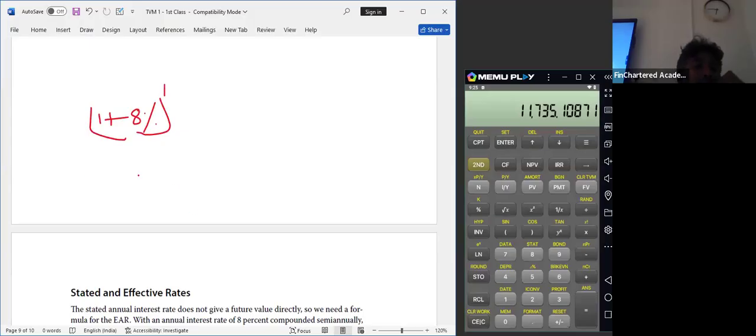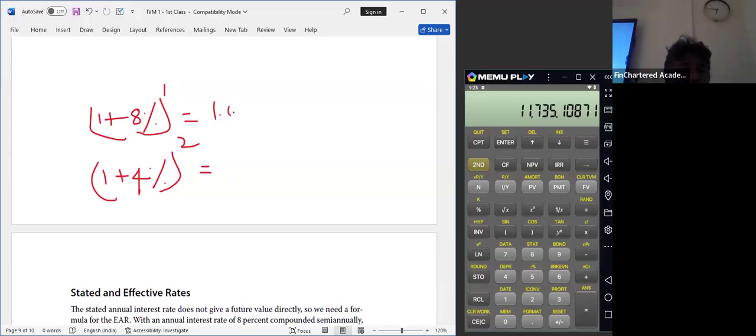On the other hand, you have 1 plus 4%, raised to the power of 2. Can you guys tell me what this will be and what this will be? This one I can say is going to be 1.08.